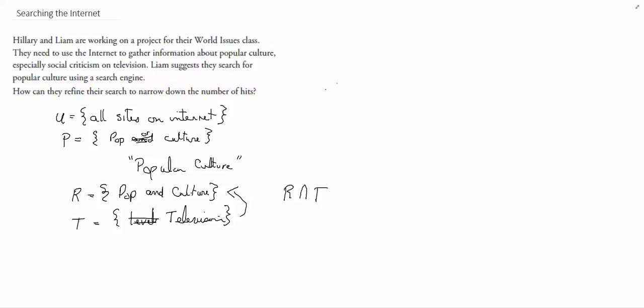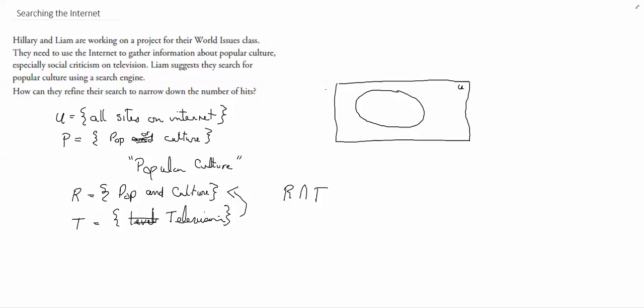And so if we think of this as our universal set, and here is popular or culture, and then we limit it to popular and culture. That brings us inside here. And then we have television.